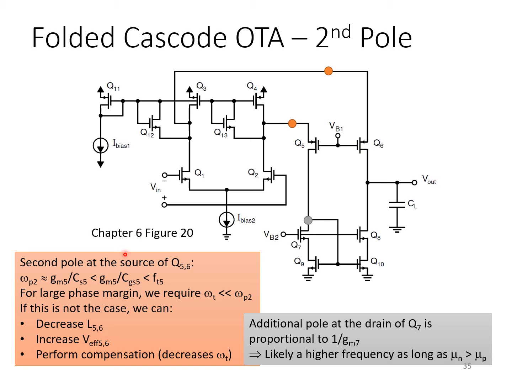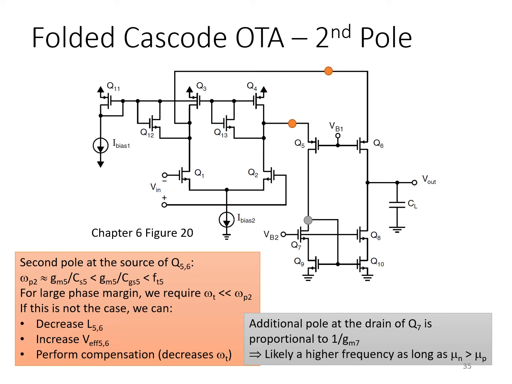So in order to increase the equivalent second pole at this node, we need to choose the bias point for these transistors according to the criteria that we would use to maximize their fT. Specifically, we would seek to minimize their gate length, the gate lengths of Q5 and Q6, and we would also seek to bias them with relatively large V effective.